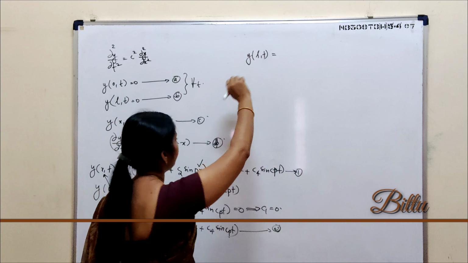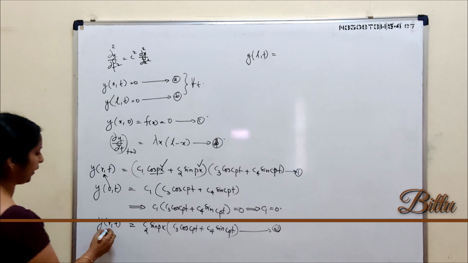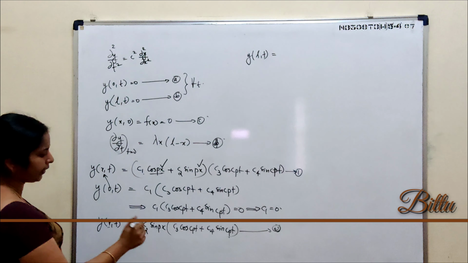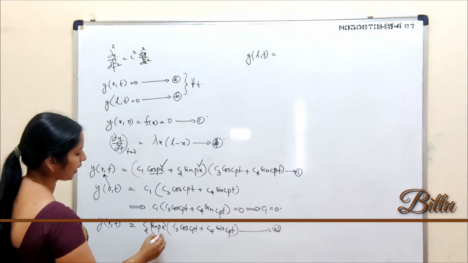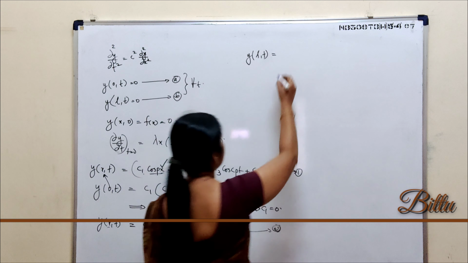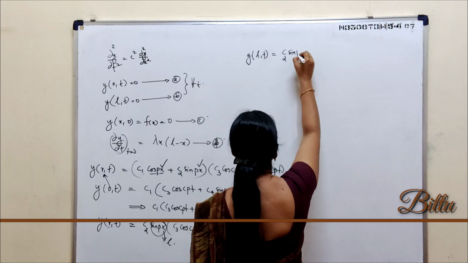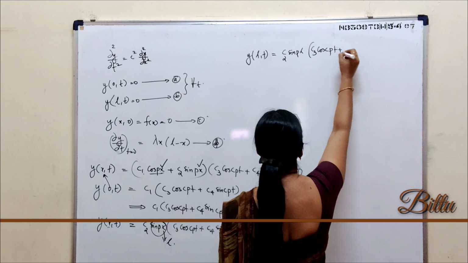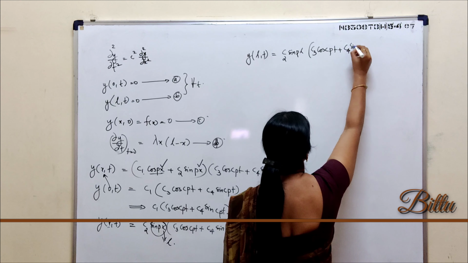For getting y of l,t, you put x equal to l. In equation number 2, x is only with the sin px. So here you put x equal to l. So it is c2 sin pl, (c3 cos cpt plus c4 sin cpt).